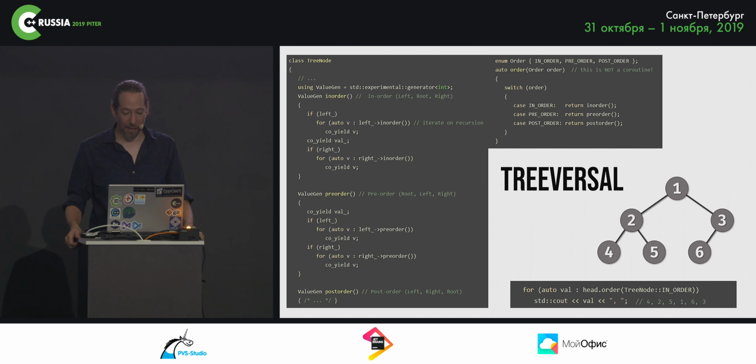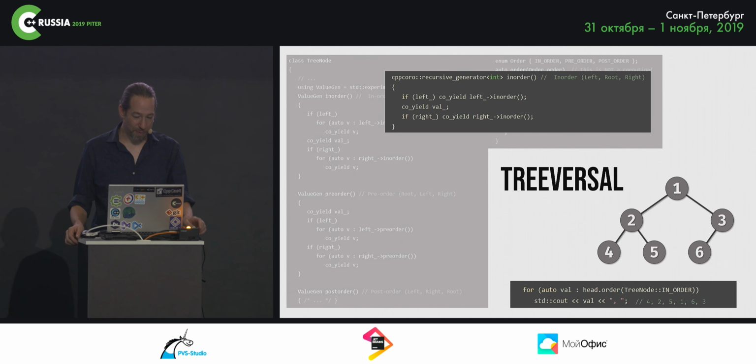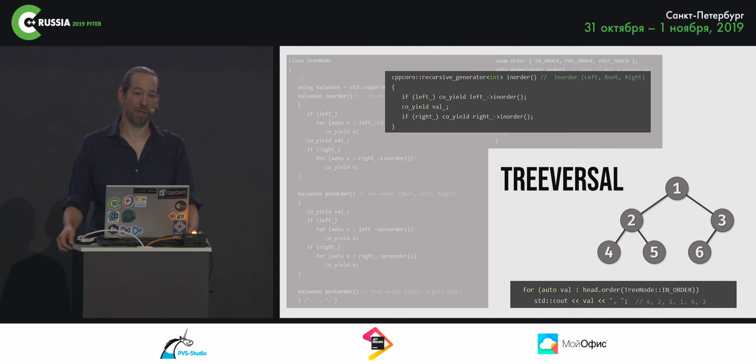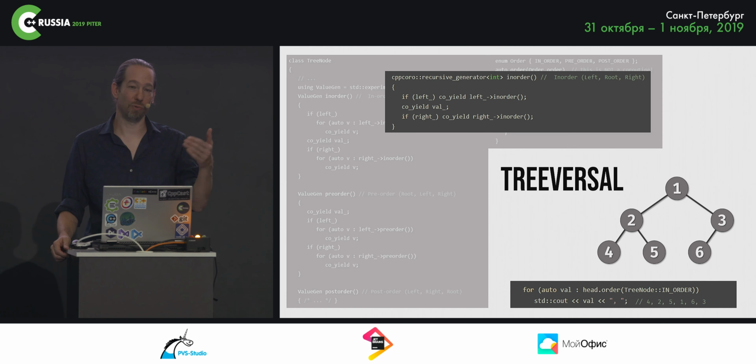In fact, I mentioned the CPP recursive generator here. I think that's one of the reasons it's not called generator. It has a special type because it's more efficient. In these cases, it will probably try to recycle some of the extra state that's generated. But again, I'm not sure exactly about the implementation details.